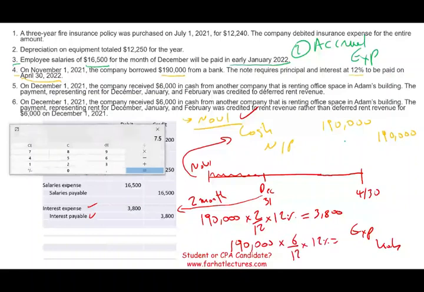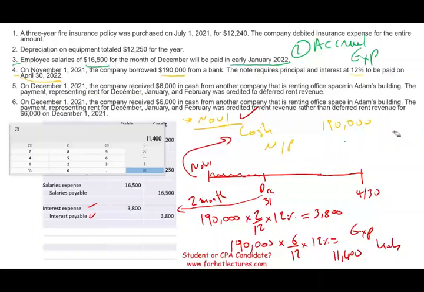So 0.5 times 190,000 for the loan times 0.12. So the total interest we have to pay is 11,400.